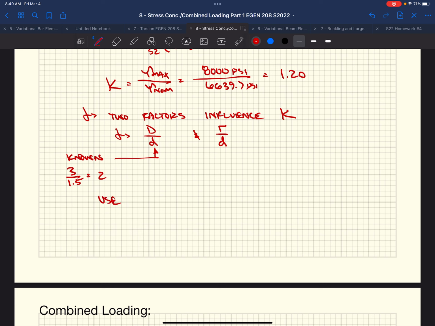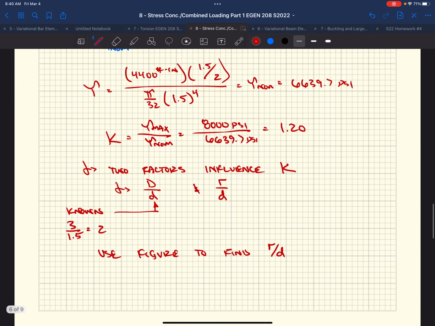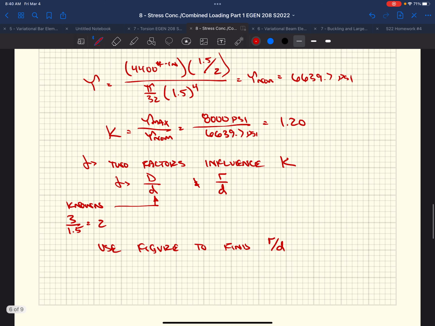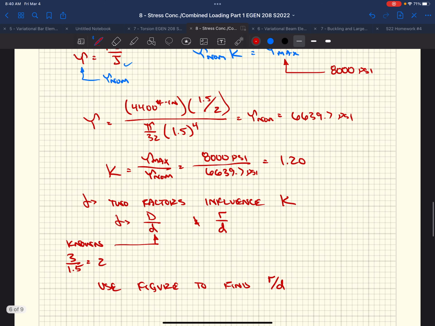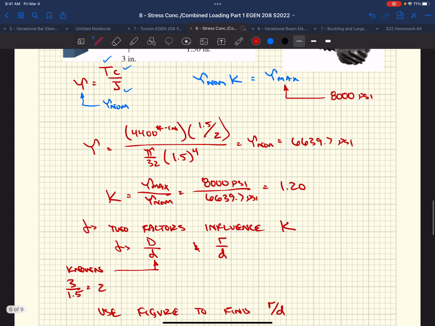So now we can use the figure to find R over d, right? We got K is 1.2, D over d is 2, right? So 1.2 to 2.